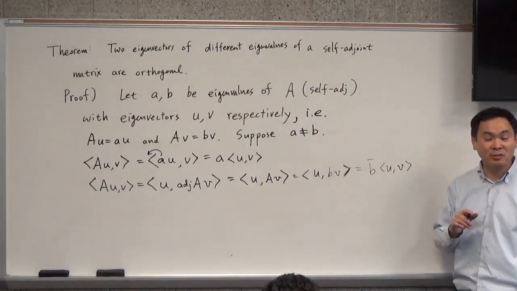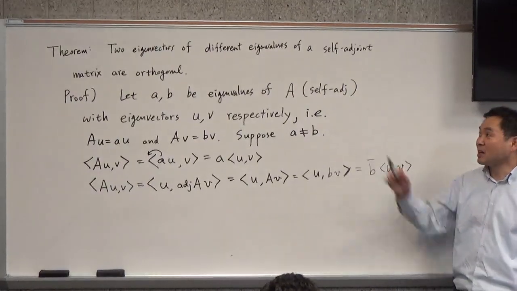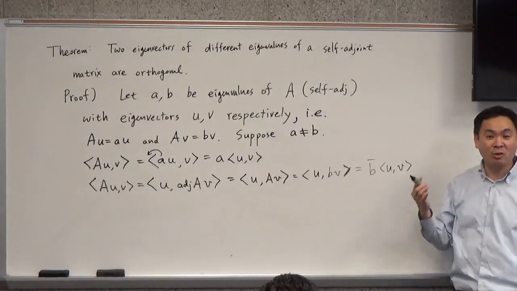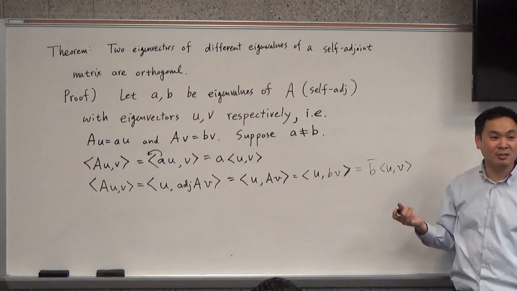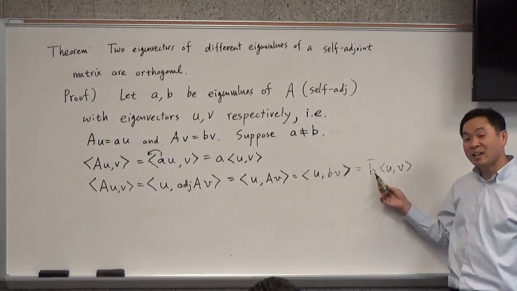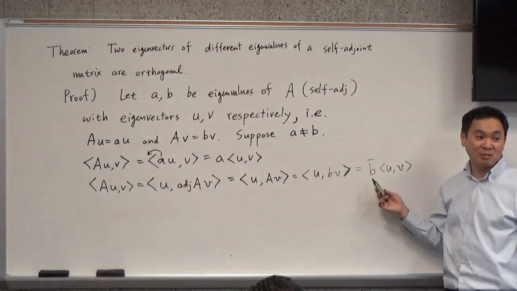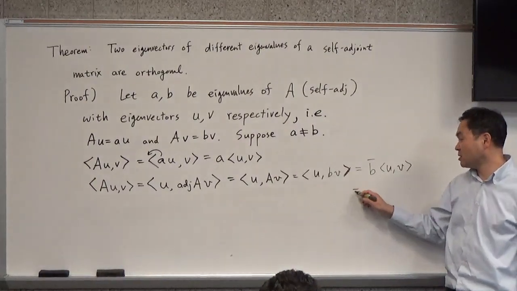They're not equal, that's our assumption. But in general, if you have a Hermitian matrix and you have an eigenvalue, we proved something about it. That it must be real. So b has to be a real value. So what is b bar? The complex conjugate of a real number is itself.